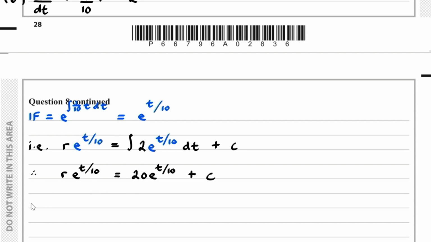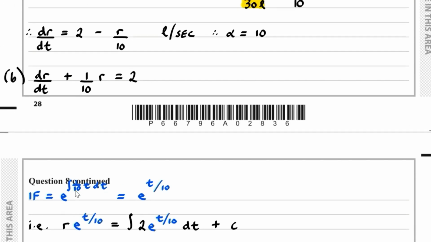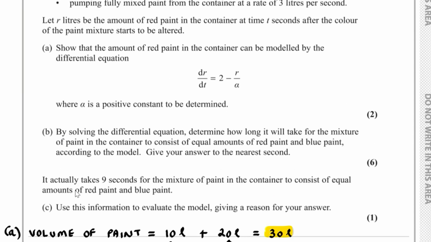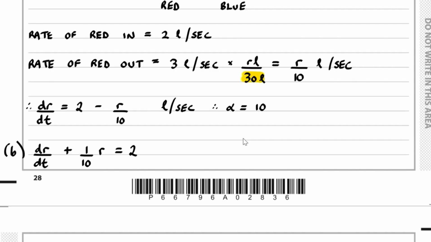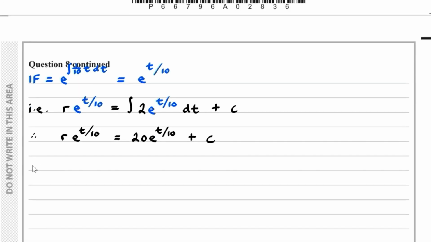Now we've been given conditions. We know initially we've got 10 litres of red paint. So when t equals 0, r is equal to 10. So we've got 10 times e to the power of 0 equals 20 e to the power of 0 plus c.